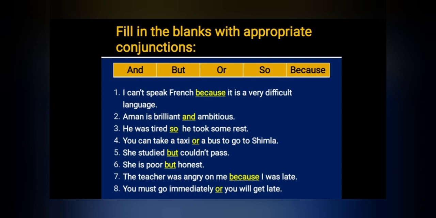Because I was late. So the conjunction because here is telling the reason. Next is, you must go immediately or you will get late. You have two options. Either you go immediately or you will be late.